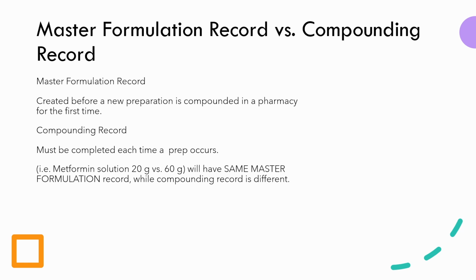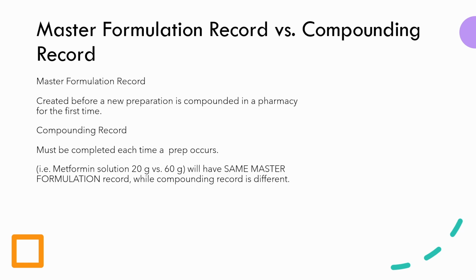This is opposed to the compounding record. The compounding record needs to be completed each time a prep occurs. This is where you list what you prepared and the ingredients you used.